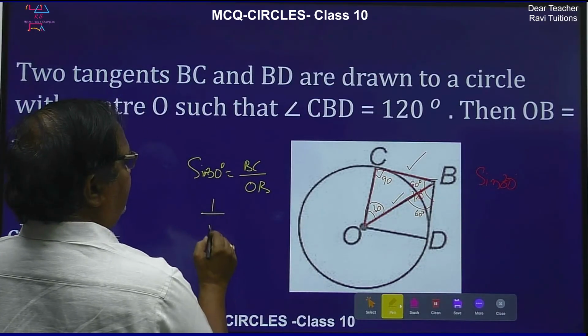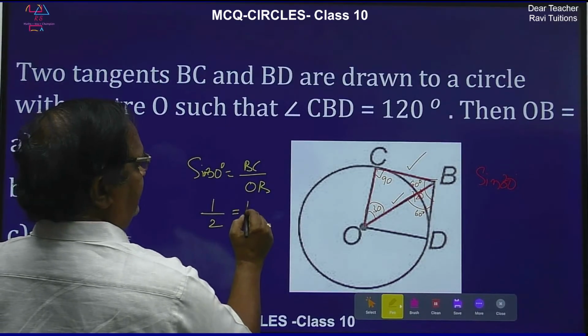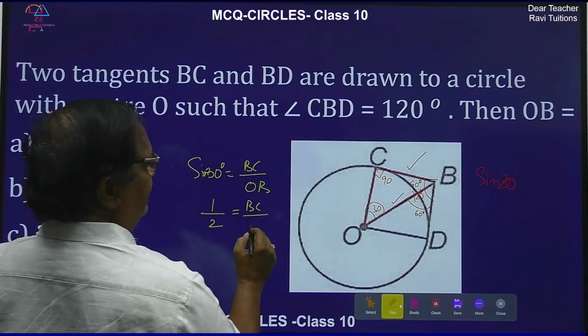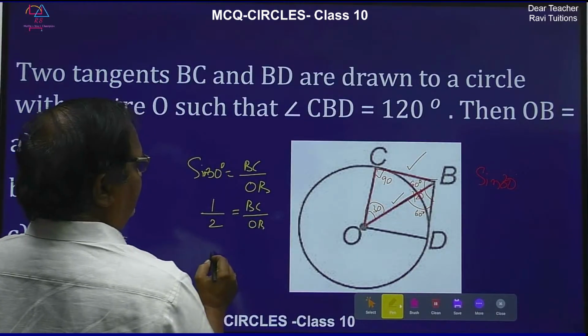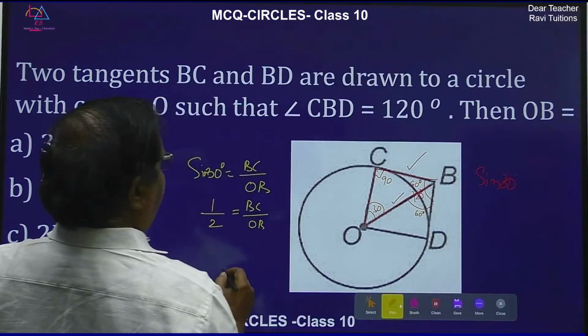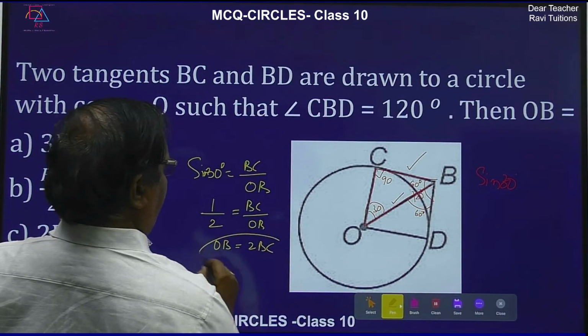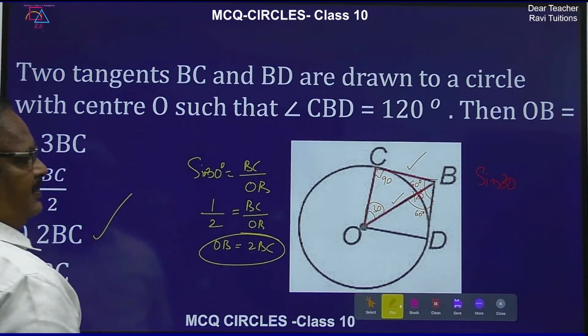Sine 30 is 1 by 2. So cross multiply it. Then OB is equal to 2BC. So this is the answer.